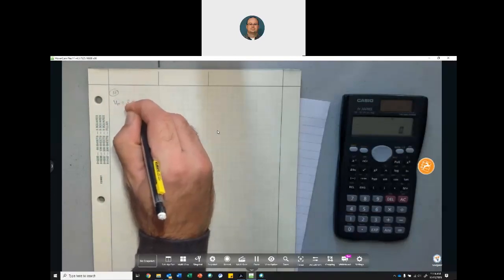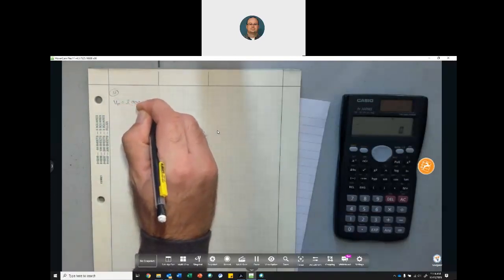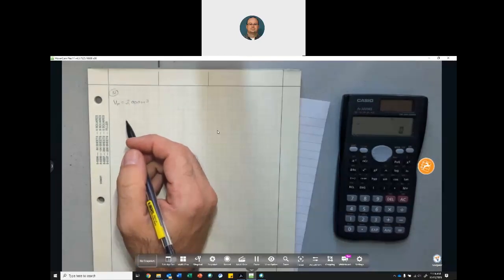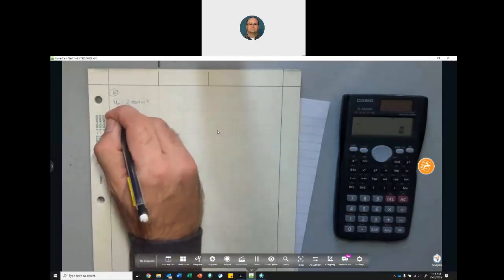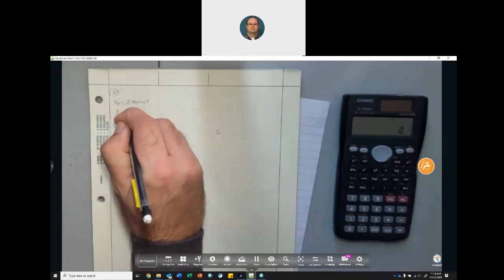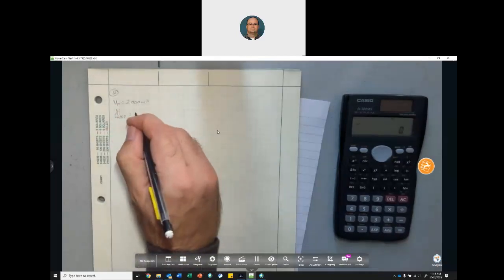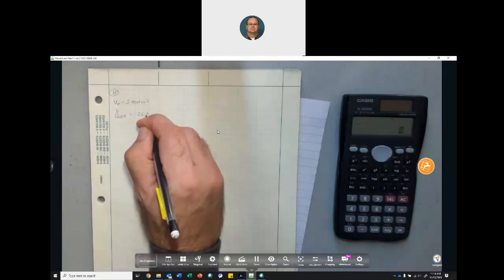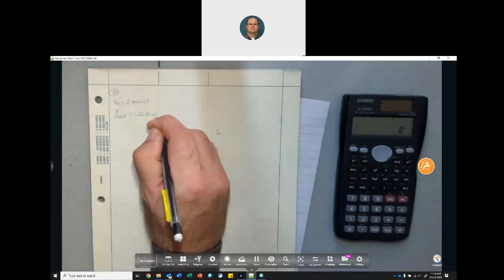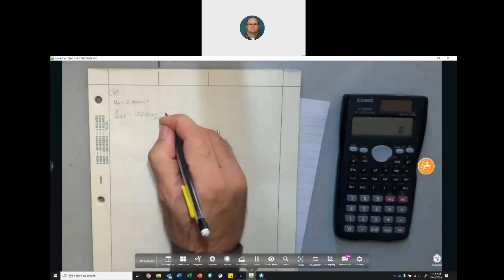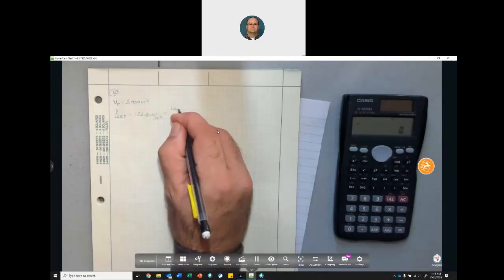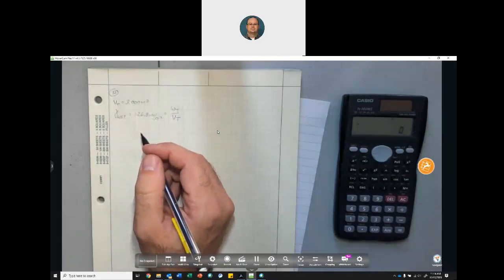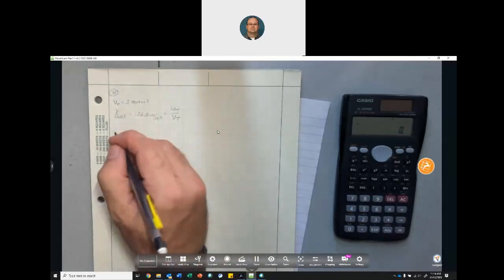It was 3.000 cubic feet, full of moist sand, has a wet density of 126.8 pounds per cubic foot, and the formula for wet density is total weight divided by total volume, and a moisture content of 10%.